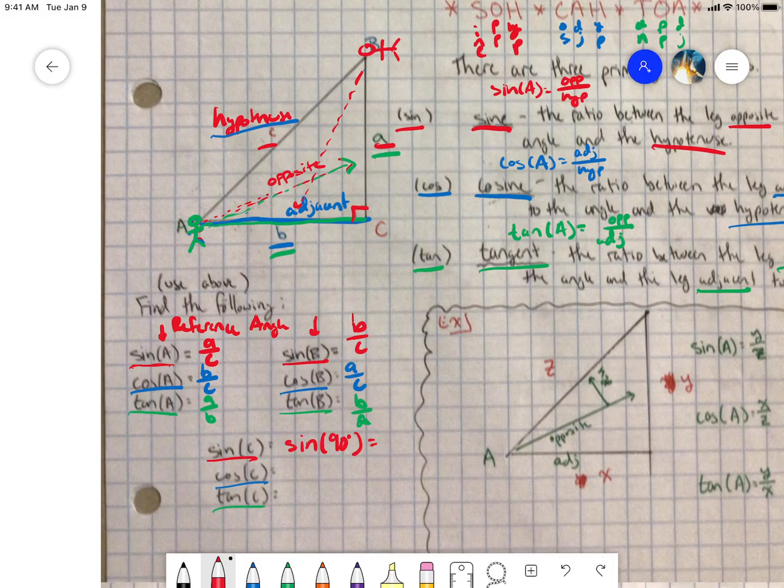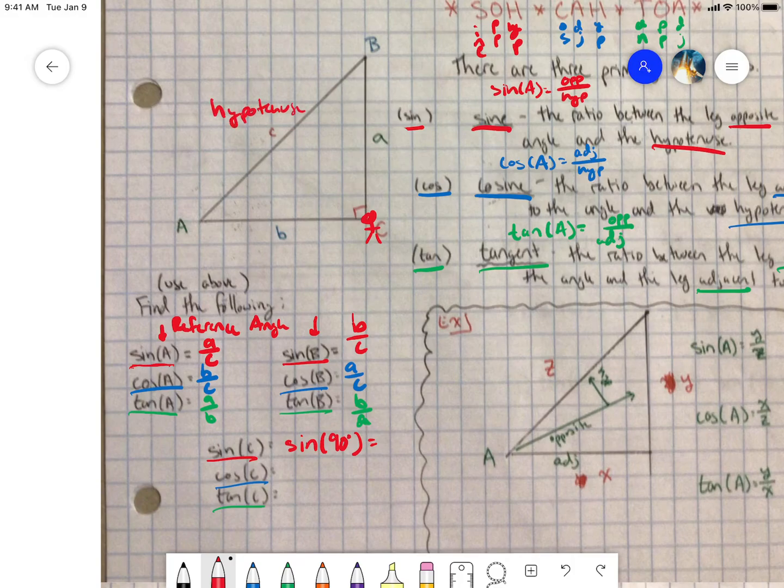So I'm going to go ahead and erase all this stuff here. So now I'm standing over here at C. This side right here is still my hypotenuse. But what's the side that's opposite C?